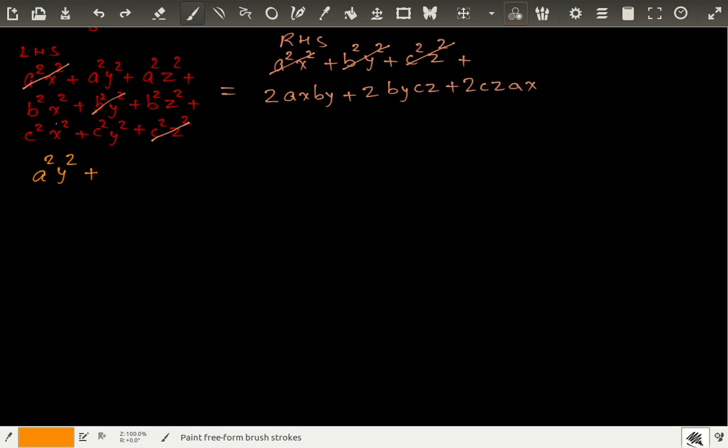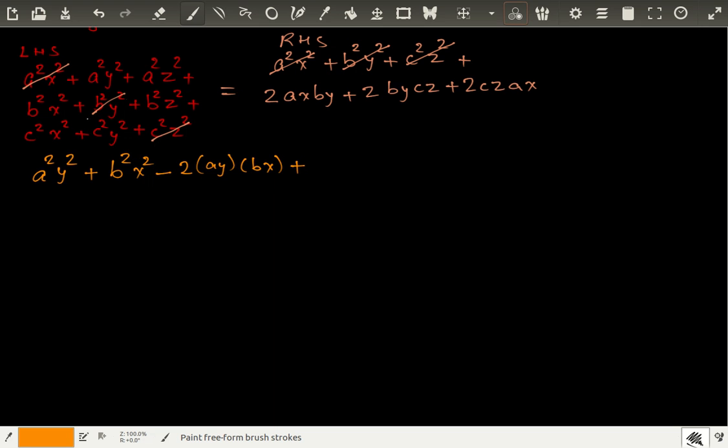So we will write a²y² + b²x². I am just writing it in a different order. That is, I am taking a²y² here and b²x² from here. There is a reason I am doing this, and you will soon see why. This 2axby can be written as minus 2 times ay times bx.